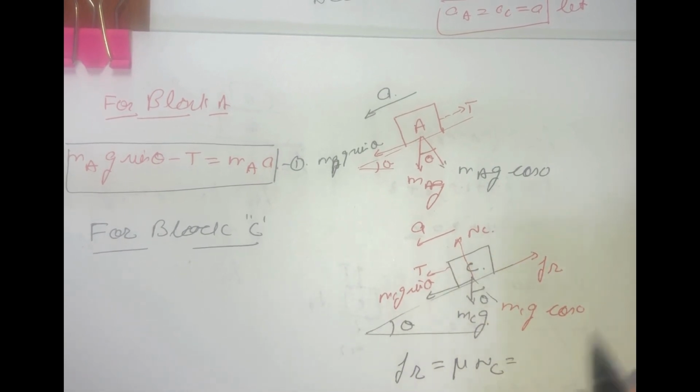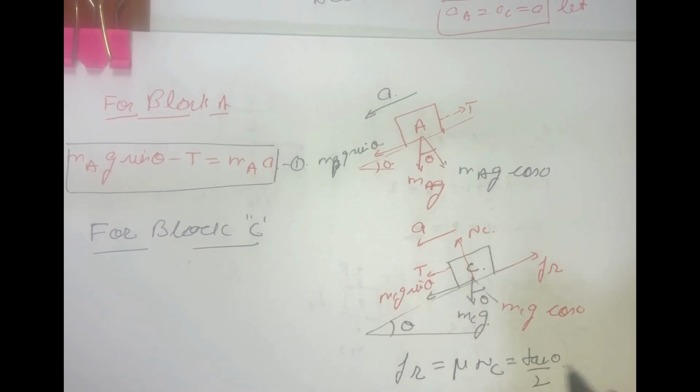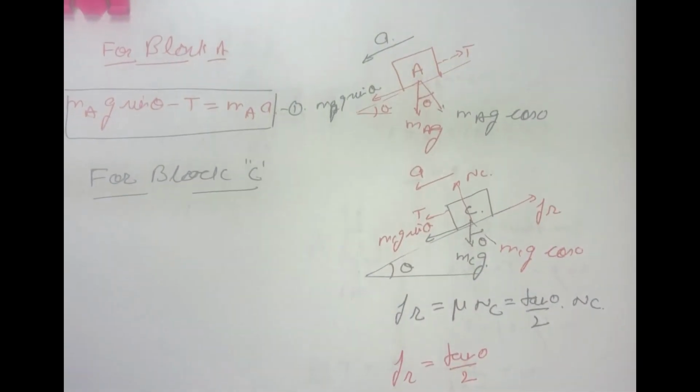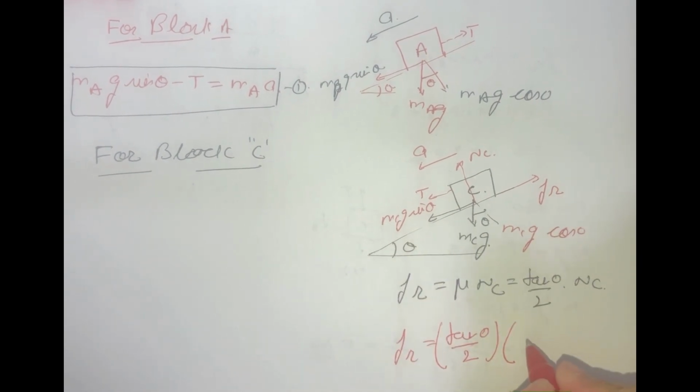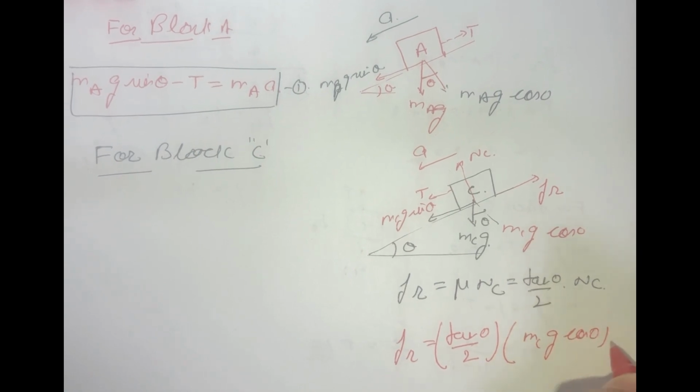Value of mu is given as tangent of theta divided by 2, and NC is our mCg cos of theta, so we can say that Fr will be tangent of theta divided by 2 multiplied by mCg cos of theta.